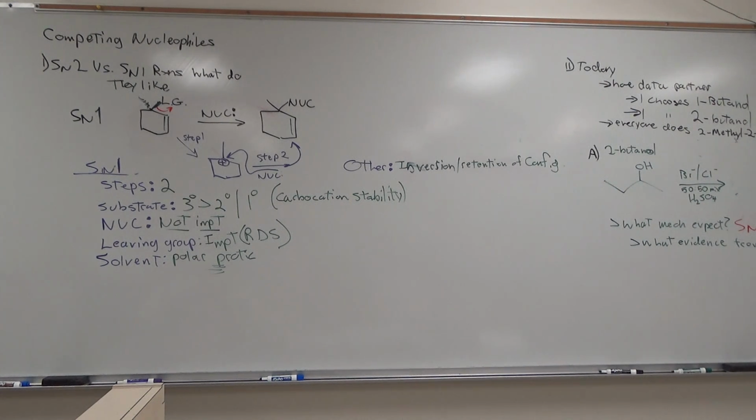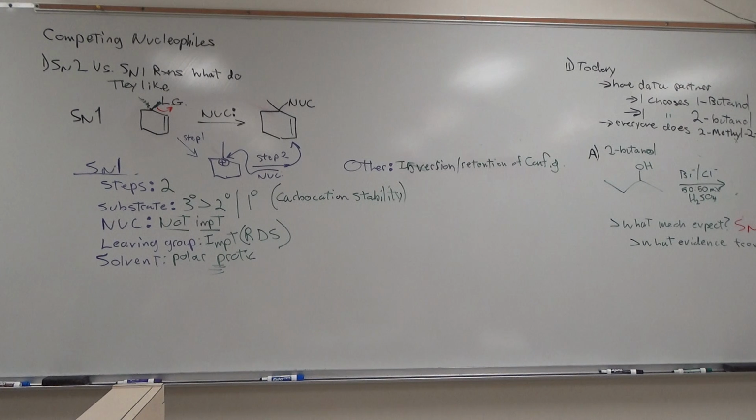But once we get that info, we ought to expect this ratio to be similar if bromide's really important, if this is strictly an SN2 reaction. Then the ratio here should be similar to what we saw with 1-butanol.